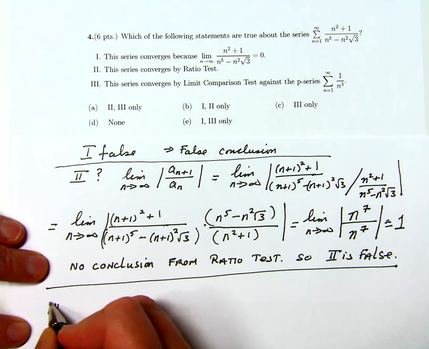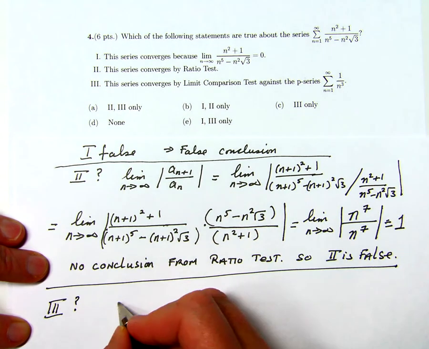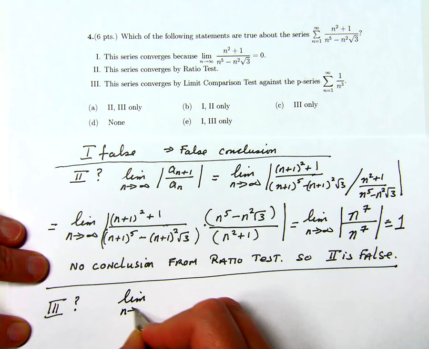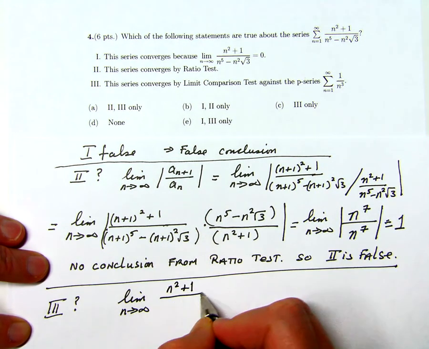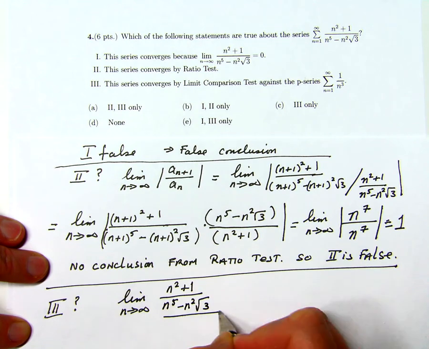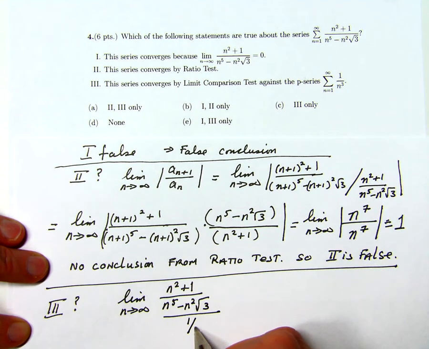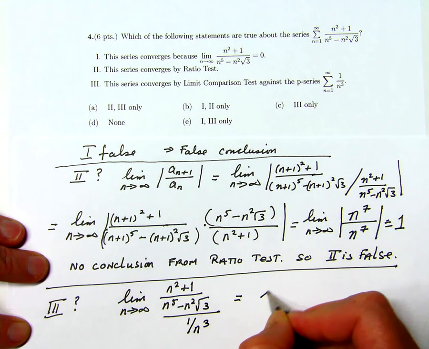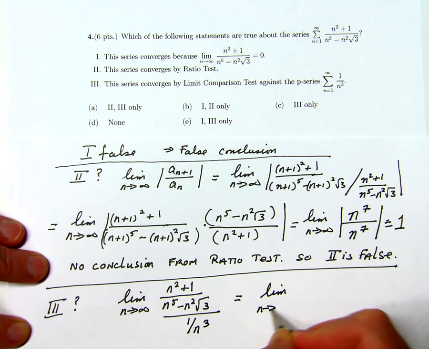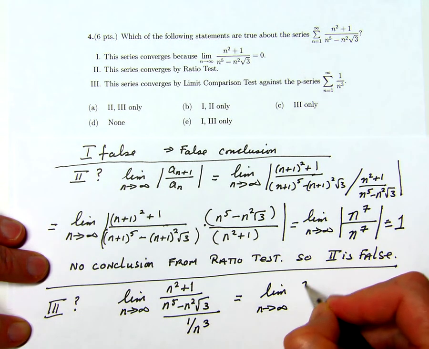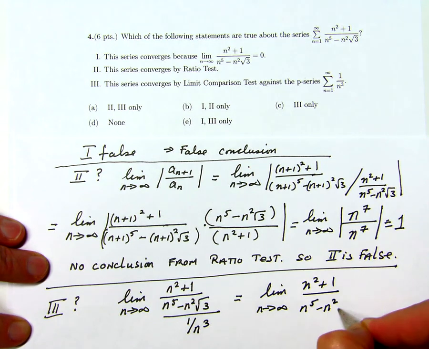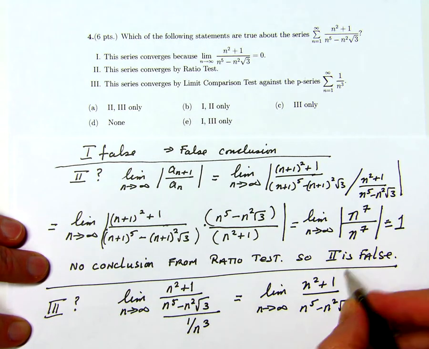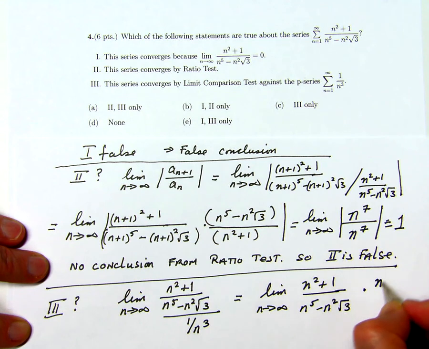Well, I have to take the limit as n goes to infinity of an, let's call this one an, over bn, it would be 1 over n cubed, and that is the limit as n goes to infinity of n squared plus 1 over n to the 5 minus n squared times the square root of 3 times n cubed over 1.